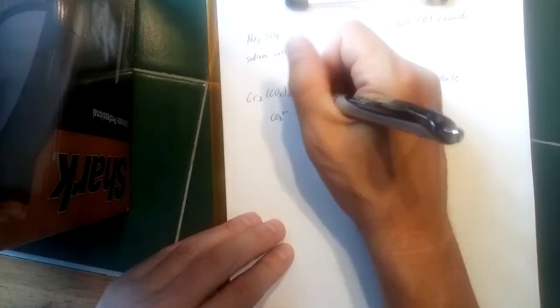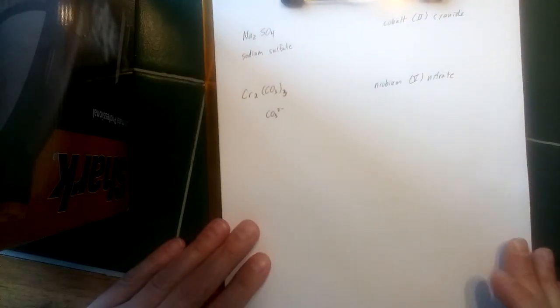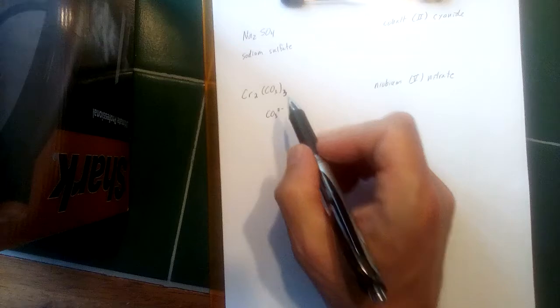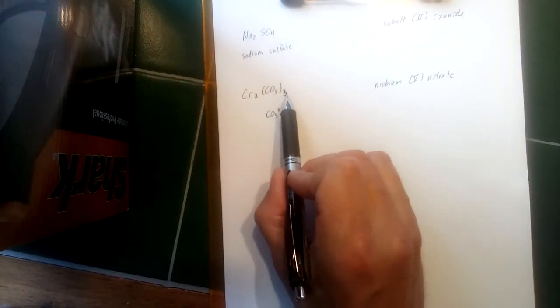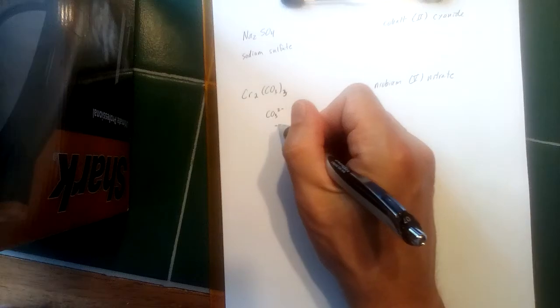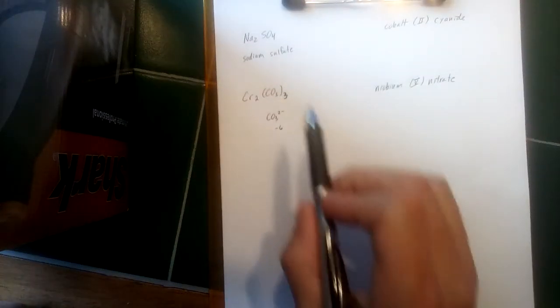Now, I actually wanted there to be a 3 here on carbonate, so let me change that real quick, and make sure you note that if you're copying this down, that should have been a 3 there. Carbonate has a -2 charge. If there's 3 of them, that would be a total of -6 coming from the anions here.